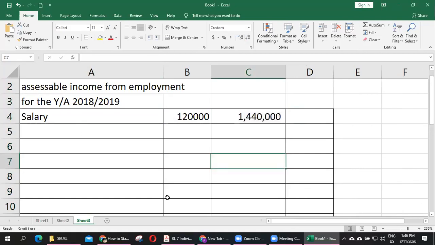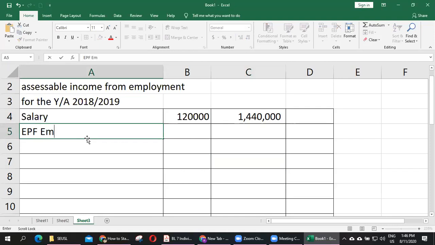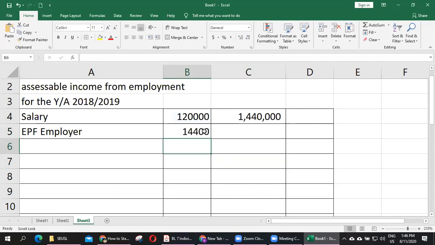Salary. Then what about the EPF and ETF contribution? EPF by the company, employer, 12%, that is 14,400 per month.